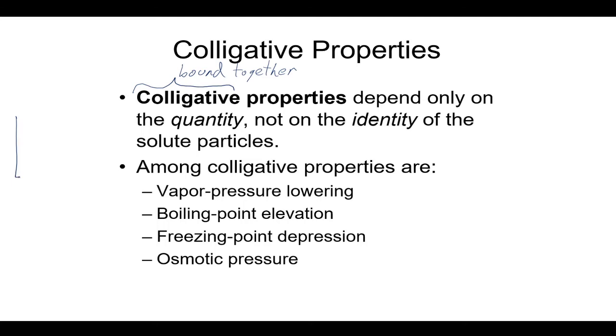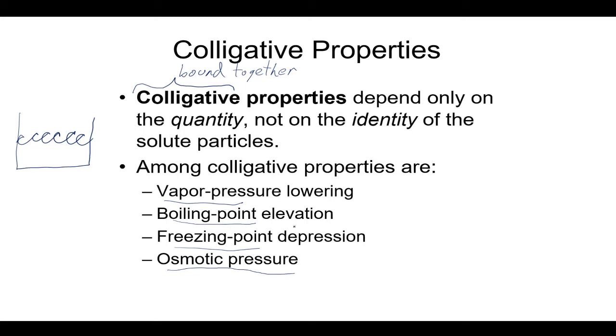So if you have a beaker of water, and there's a certain vapor pressure of this water, well, if you dump sodium chloride in and it makes this, or you're dumping lithium bromide in and it makes this, it doesn't really matter if it's lithium bromide or sodium chloride. All that matters is exactly how many ions I'm introducing to this water to describe how the vapor pressure or the boiling point or the freezing point or the osmotic pressure changes.